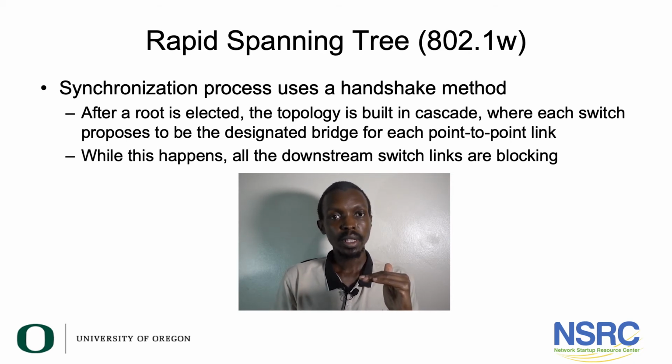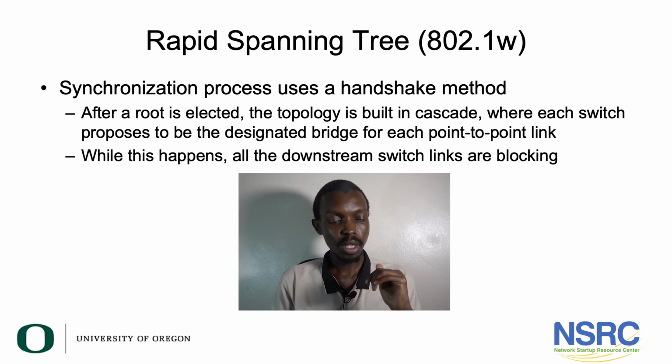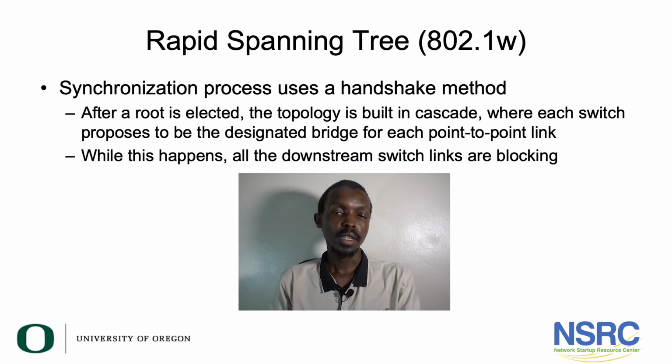And while this happens, the switches downstream are in blocking state on the links. So as soon as they receive a PDU negotiating the designated bridge, they transition from blocking to forwarding as the negotiation happens. So let us look at this in a set of diagrams.